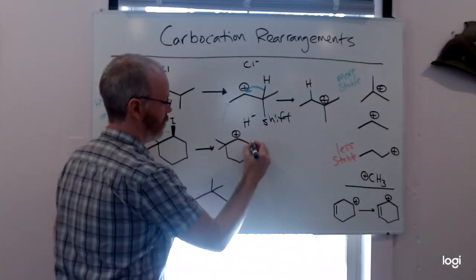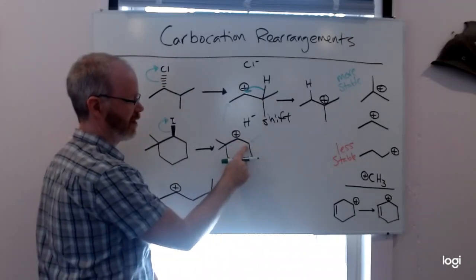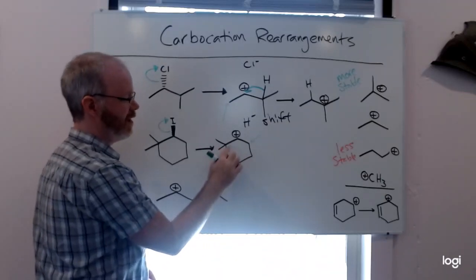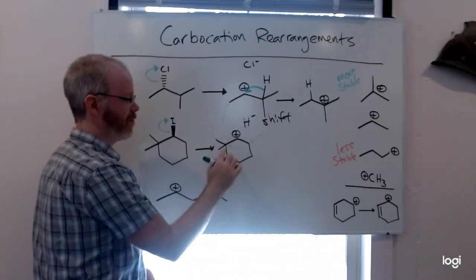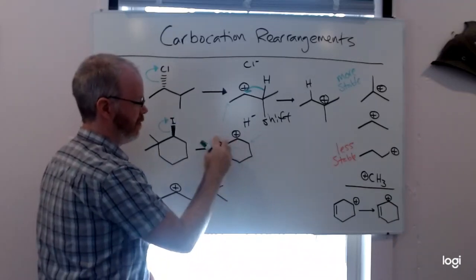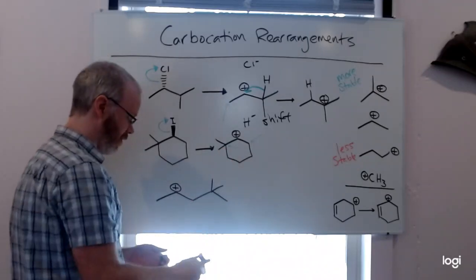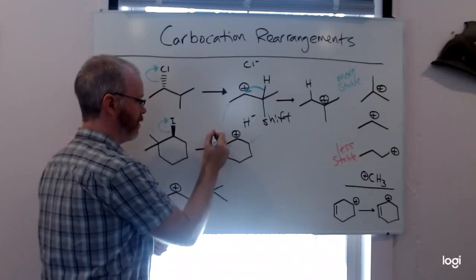Is it going to be more stable in this position? It should be about the same. So from secondary to secondary, no difference. Would it be more stable in this position? Yeah, there's more carbons around to donate electron density, so that's going to be a more favorable spot. 1, 2, 3, 4 bonds to this carbon, though. There's no hydrogens available. In that case, a methyl shift is possible.